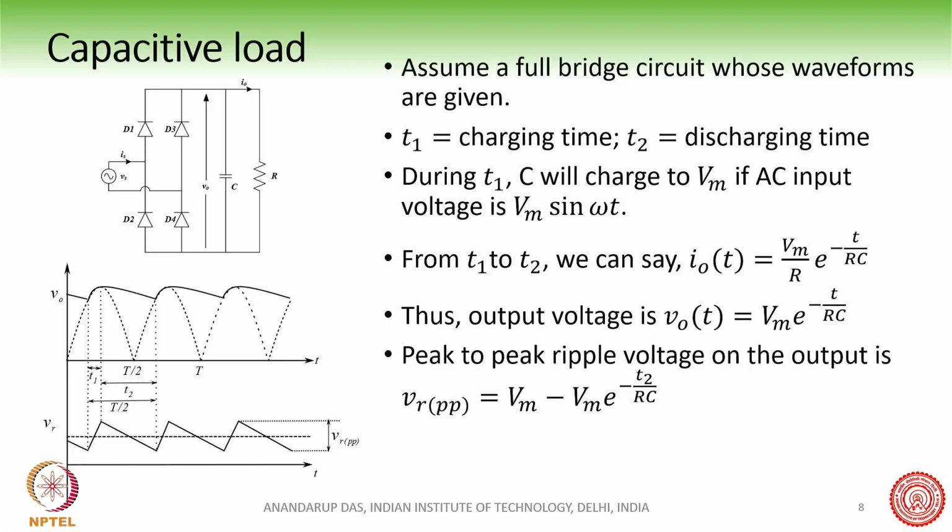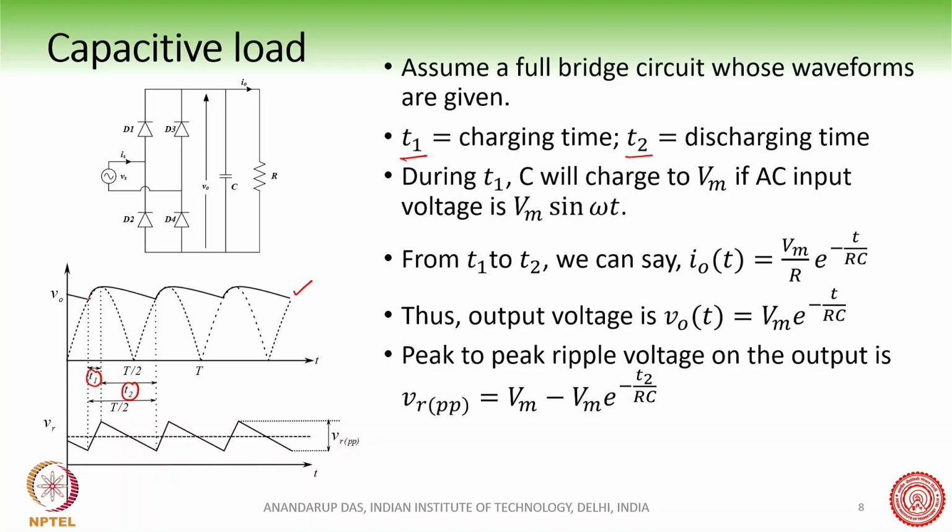So this is the output voltage waveform of the full bridge circuit, and here let us assume that T1 is the charging time of the capacitor, and T2 is the discharging time of the capacitor. During the time T1, C will charge to Vm if the AC input voltage is Vm sin omega t.